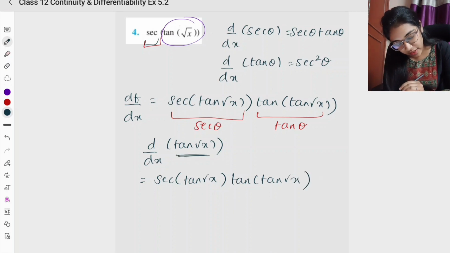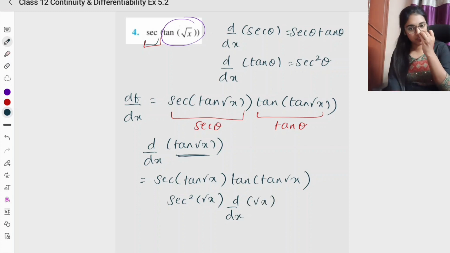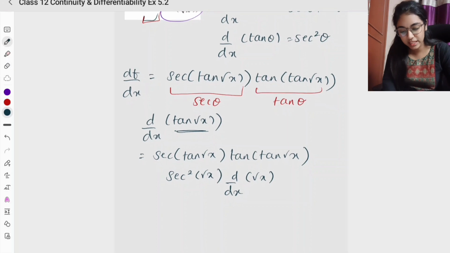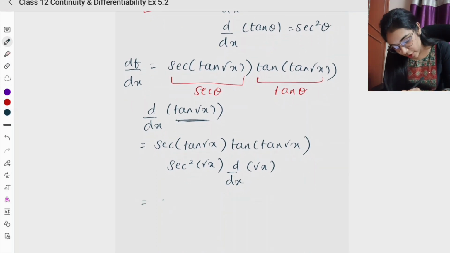Tan theta derivative secant square theta. So, I'm going to have secant square theta and root x. Now, I need to do d by dx of root x again. Function of function of function. 3 different functions irukku. First secant theta or derivative, then tan theta or derivative, now root x or derivative. So, what is my final answer going to be?